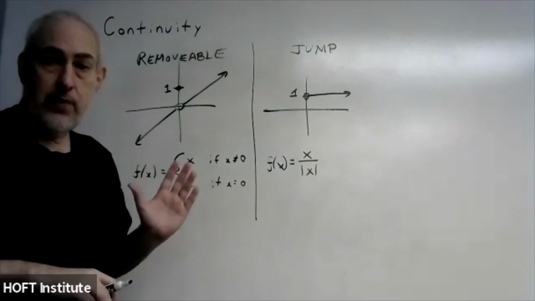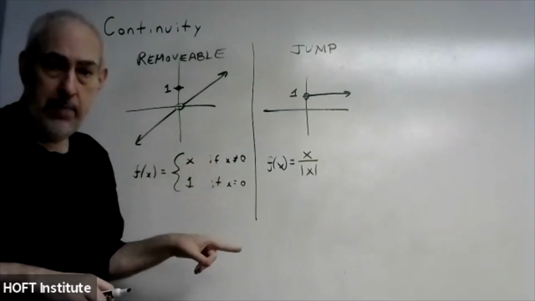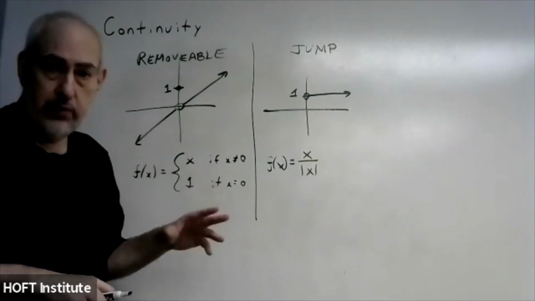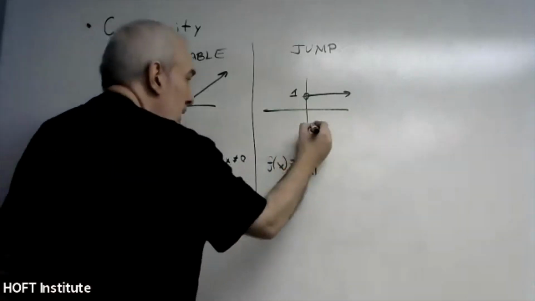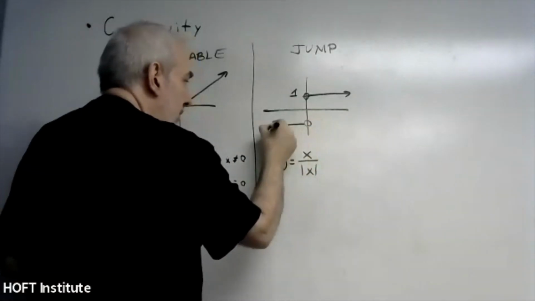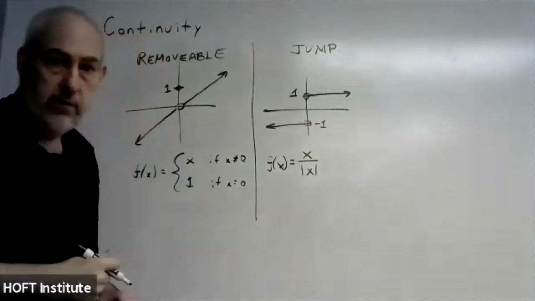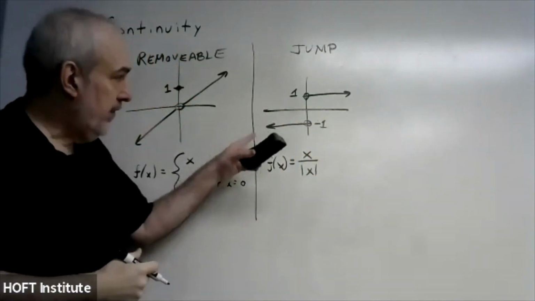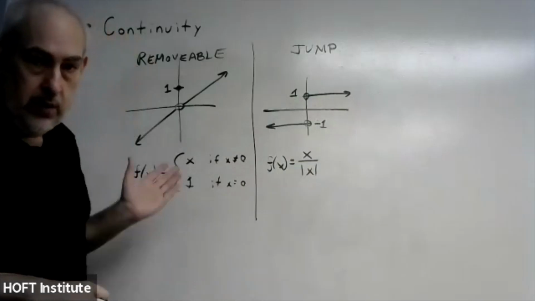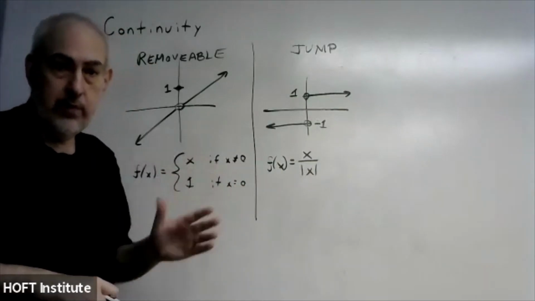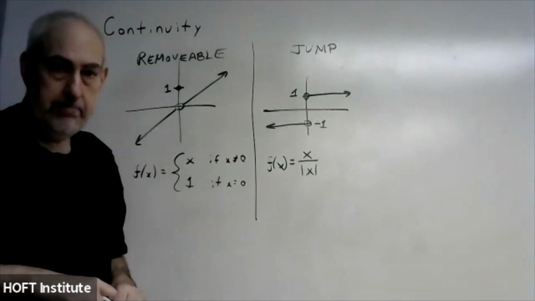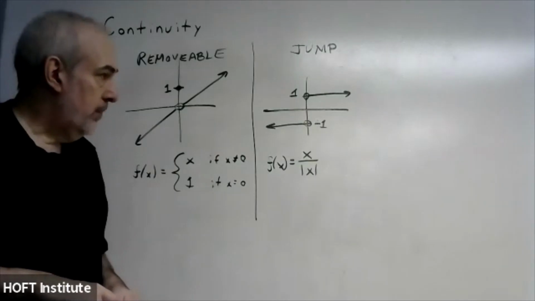And that happens for any negative value. The top and bottom are just equal and opposite, and they reduce to -1. So for any value of x less than 0, this is going to go to a height of -1. So we have a jump here: the limit from the left is -1, the limit from the right is +1. Okay, so that has a jump discontinuity.